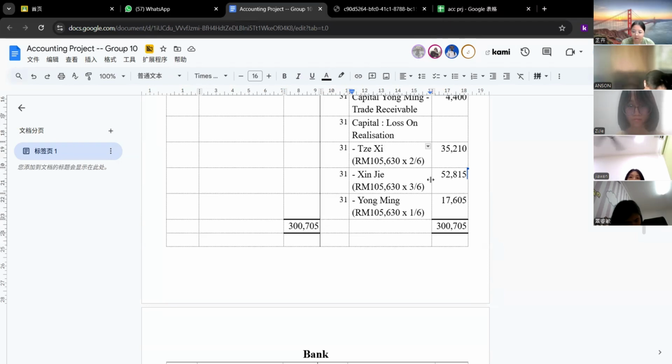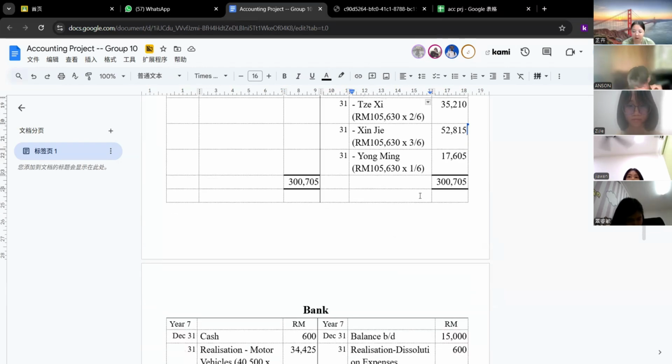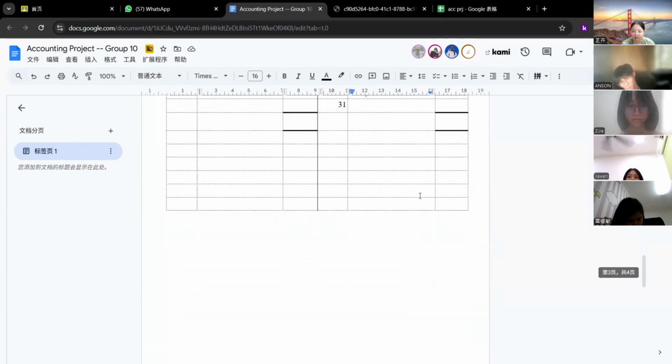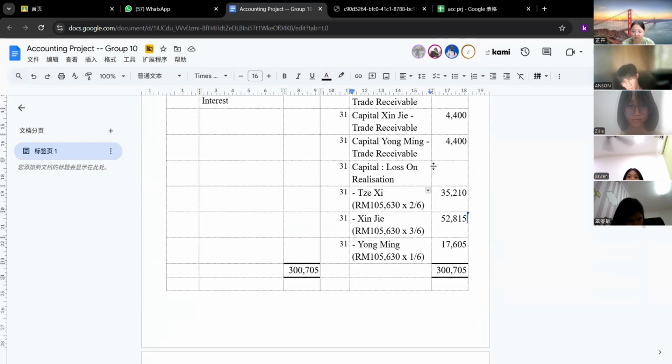Xingjie will get 52,850 ringgit, and Ming will get 70,605 ringgit. So we can see that the account is balanced right now. So both sides are balanced to 300,705 ringgit.